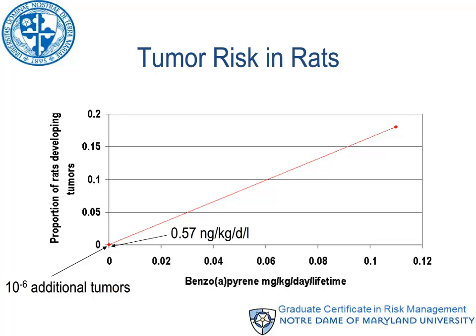And if we took that number and scooted over to the red line, dropped a perpendicular point down from that, we would get a dose that we were just looking at, which now is 0.57 nanograms per kilogram of body weight every day for a lifetime.